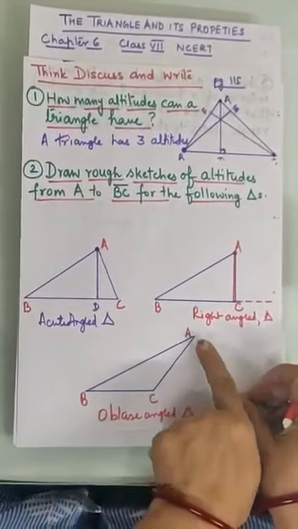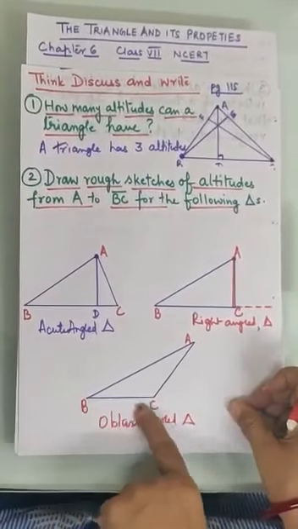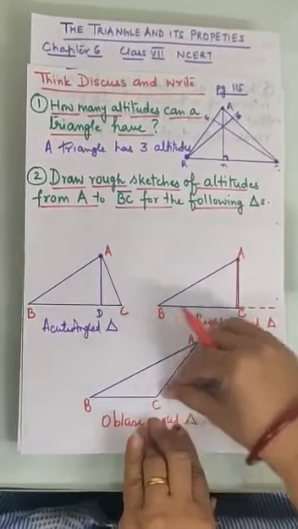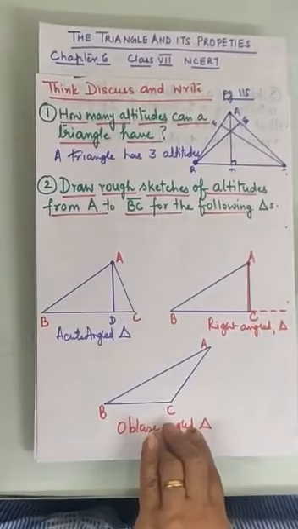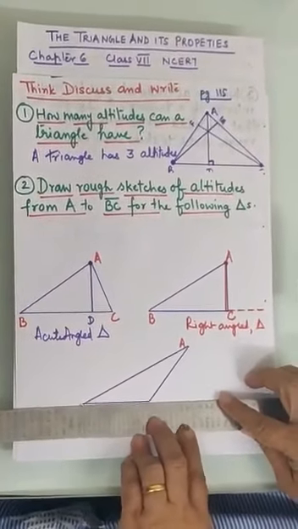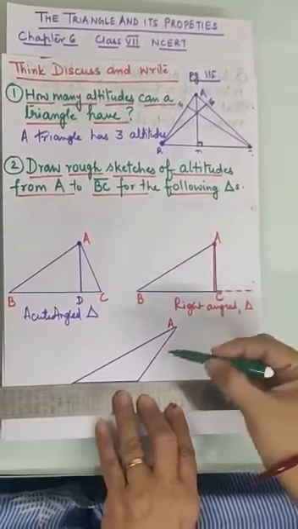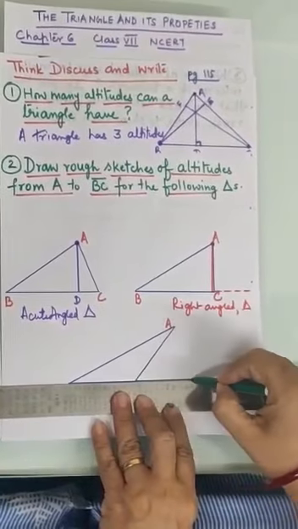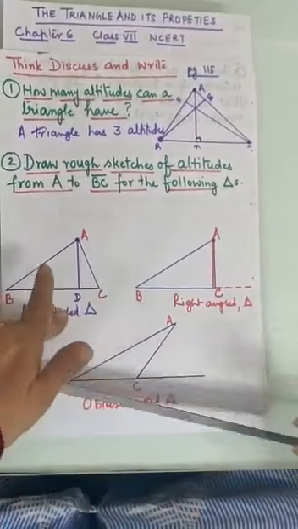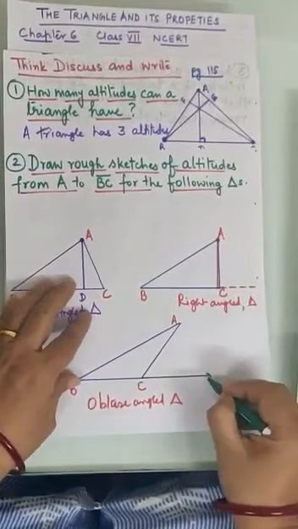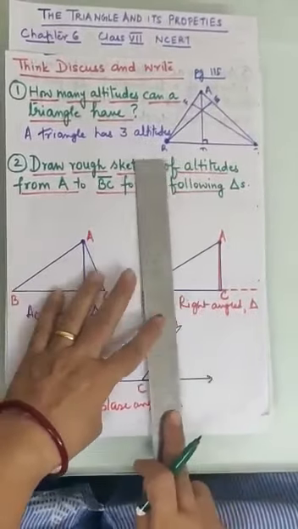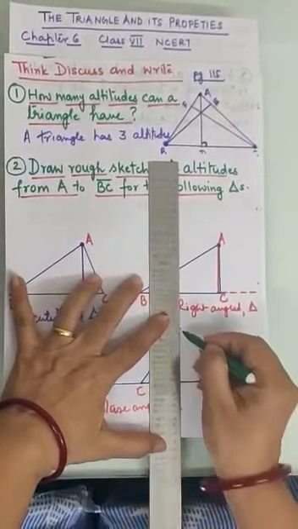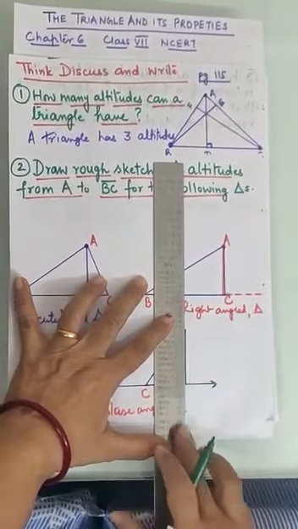Now we have to draw altitude from A on this BC. So what we will do, we will extend BC like this. Now we draw altitude. Altitude means perpendicular you have to draw. So from A you draw altitude like this.